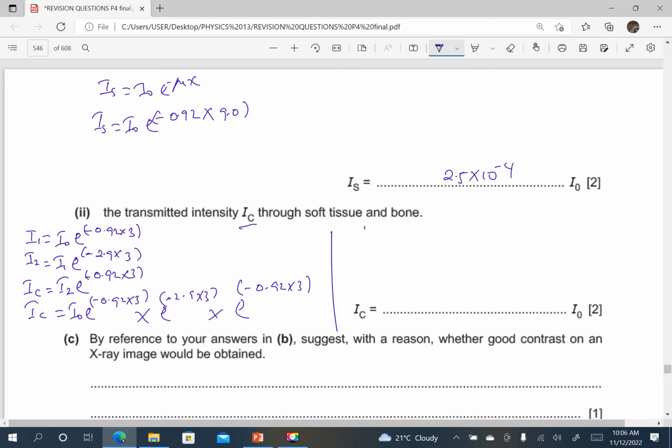From my calculator, I'm getting IC as being equal to 6.7 times 10 power negative 7 times I naught. So the answer here is 6.7 times 10 power negative 7.